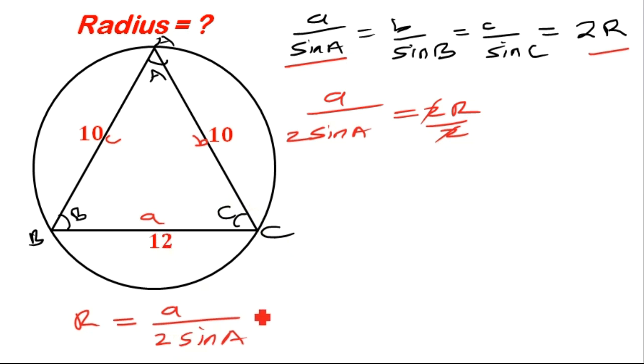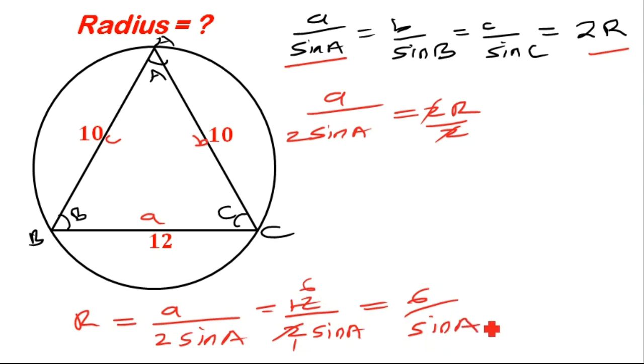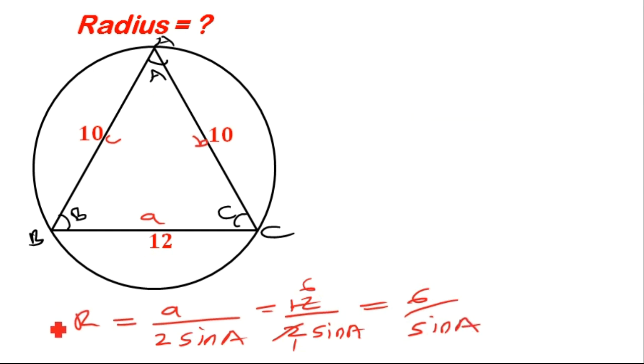So r is 12 over 2 sine A. So 2 goes into 2 once, and 2 goes into 12 six times. So we have 6 over sine A. Now we have found the radius r to be 6 over sine A.